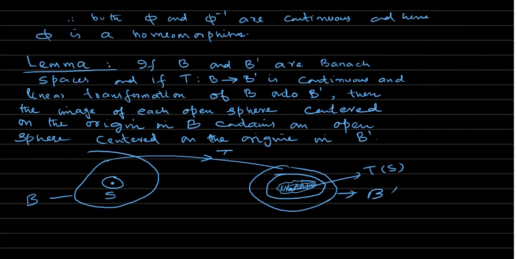So given two Banach spaces B and B dash, T is a linear transformation which is also continuous between B and B dash, an onto map. Then the image of each sphere centered at origin is contained in some sphere centered at origin in B dash.